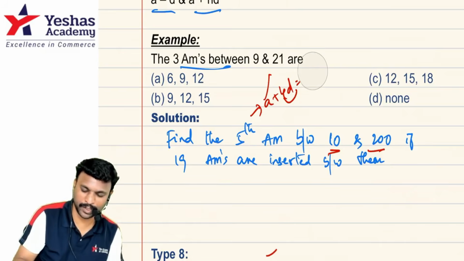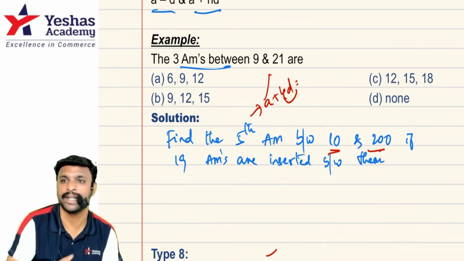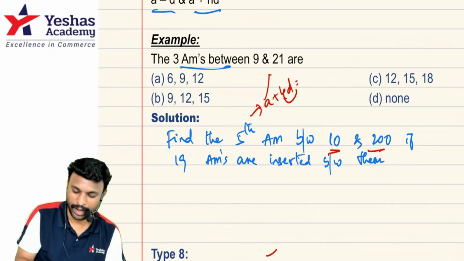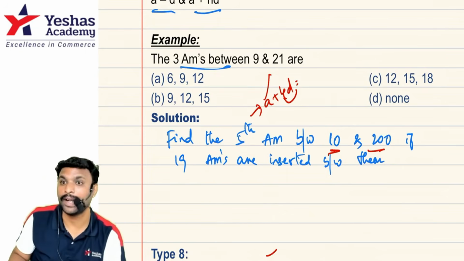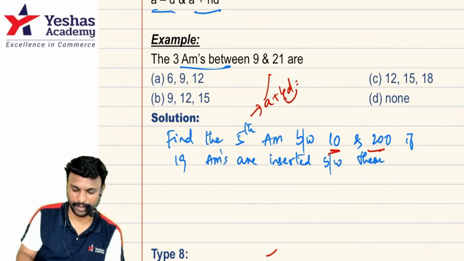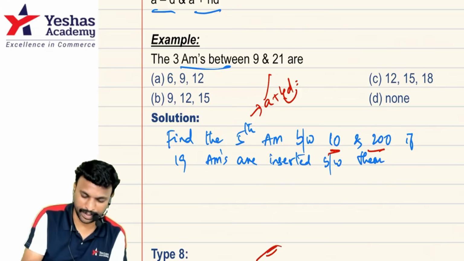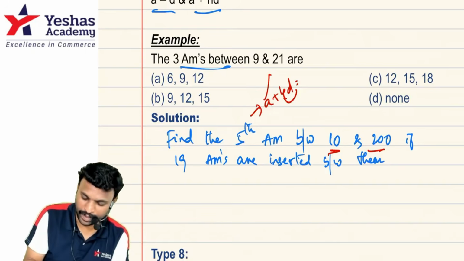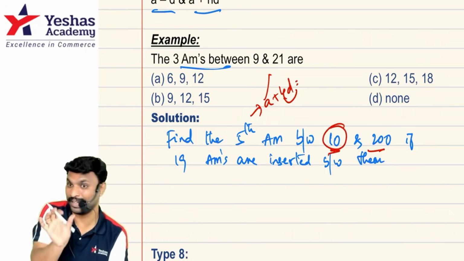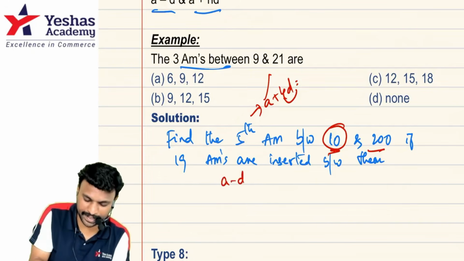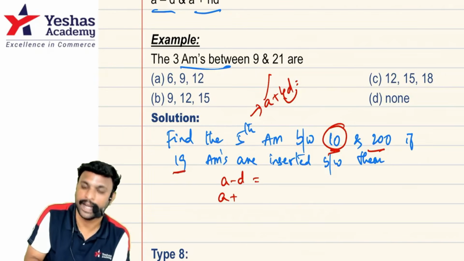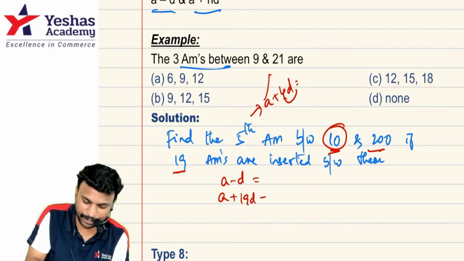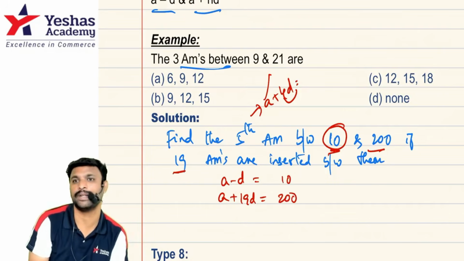You understood that you are asked to find the 50th AM, that is A plus 4D, between 10 and 200. Now look, the given two terms are always A minus D and A plus ND. What is N? 19. So A minus D and A plus 19D are given as 10 and 200.